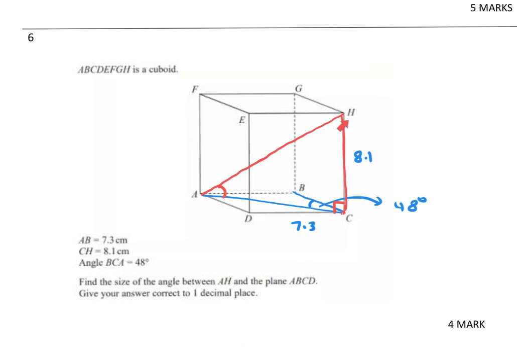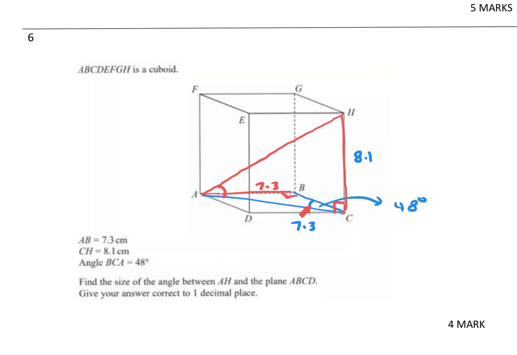We have the opposite 8.1. We need one more side. We need to find AC. We can find AC. We have AB is 7.3, the same. This is 7.3. And we have this angle 48, and this triangle is right, and the opposite is 7.3.